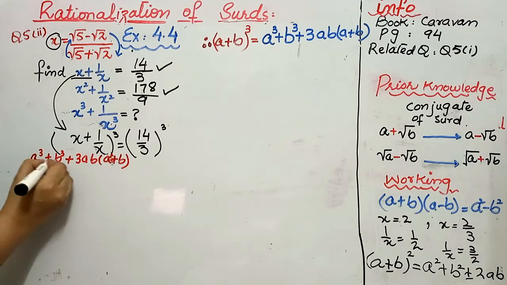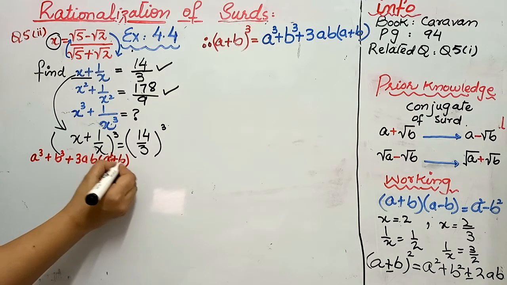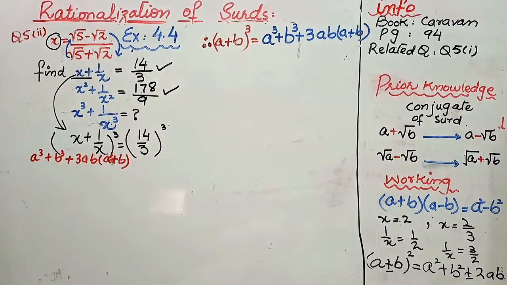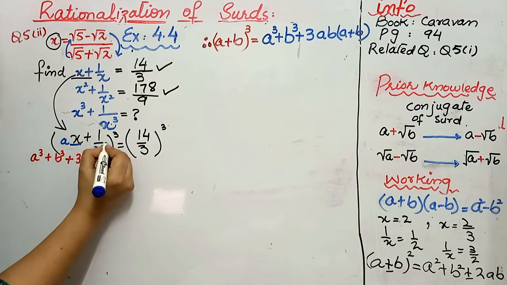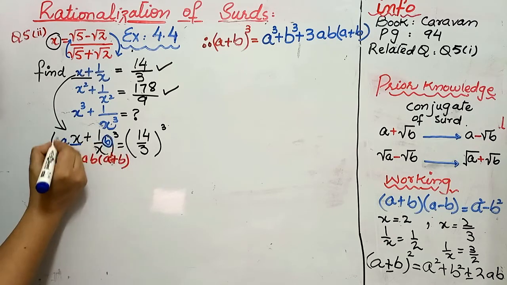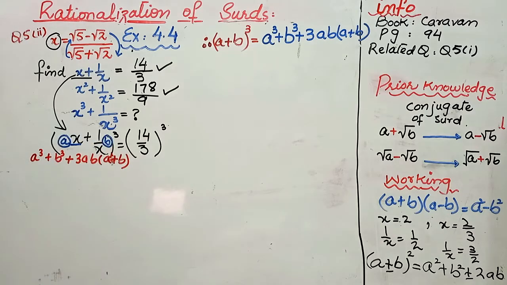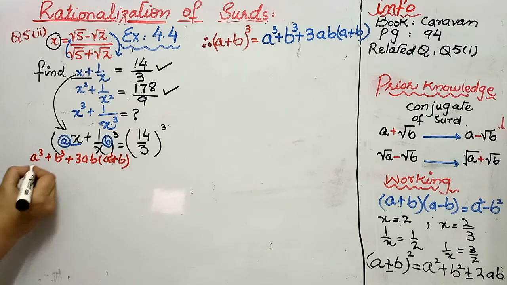So we are having a cube plus b cube plus 3ab into a plus b. Here in the place of a it is x, in the place of b it is 1 upon x. So let's apply.